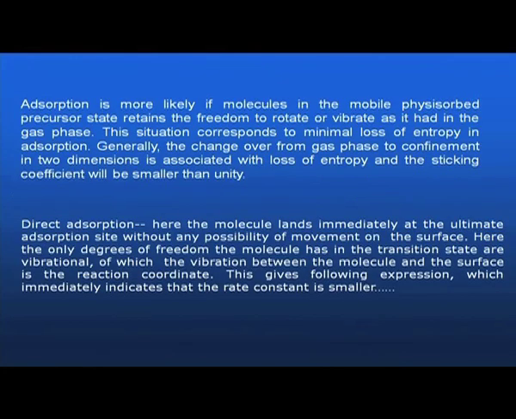Adsorption is more likely if molecules are in the mobile physisorbed precursor state, and retain the freedom to rotate and vibrate as they had in the gas phase. This situation corresponds to a minimal loss of entropy in the adsorption process, as if there is not much strong linkage.